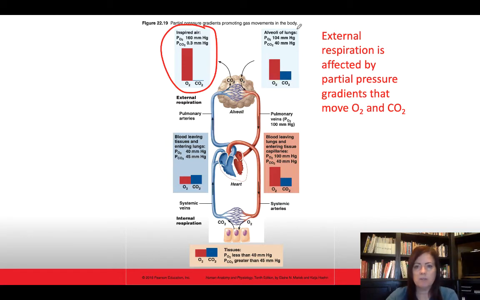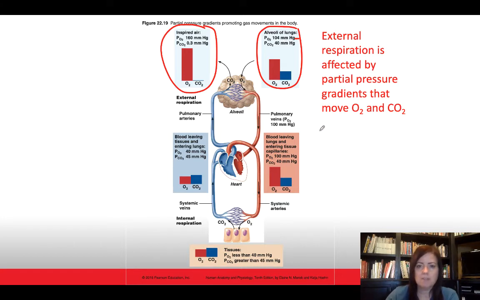As we travel into the lungs, we pull that air into the lungs, and that new air is going to mix with old air, and it changes the partial pressure of oxygen and carbon dioxide. So we see our oxygen content just went down, so our partial pressure of oxygen went down to 104. Our partial pressure of carbon dioxide just went up to 40 because they're mixing.